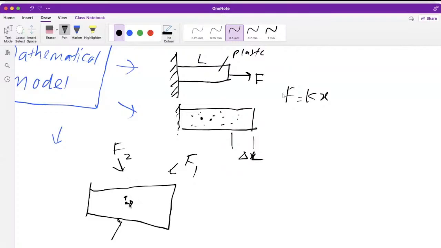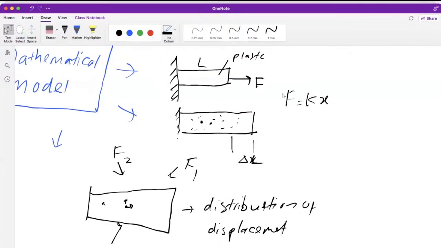So as a whole, there is a distribution. Let's say you're interested in the distribution of displacement. If u is your displacement, you want to know how it's described in this whole coordinate system.